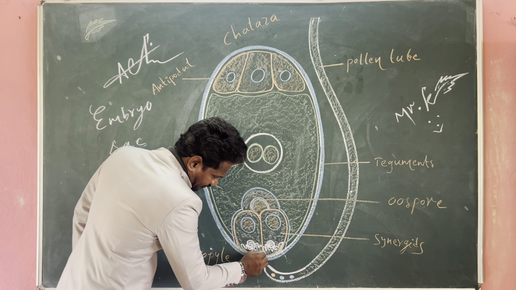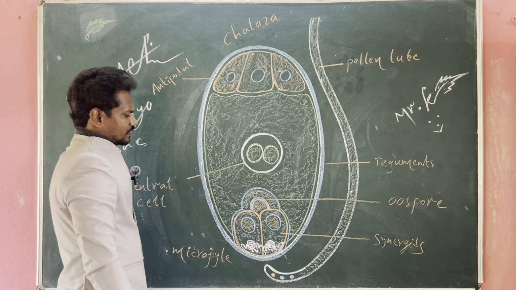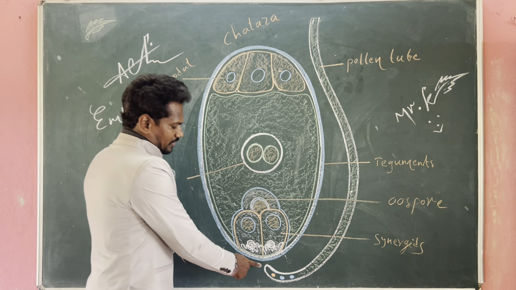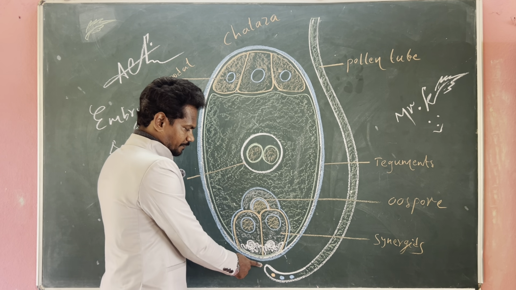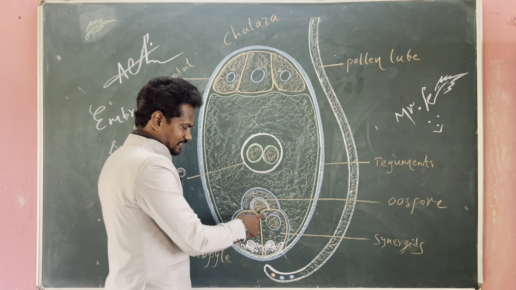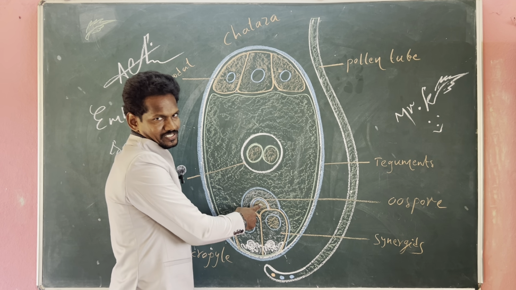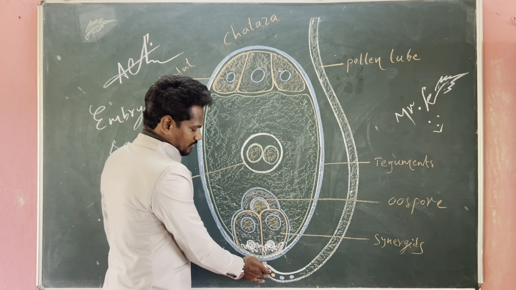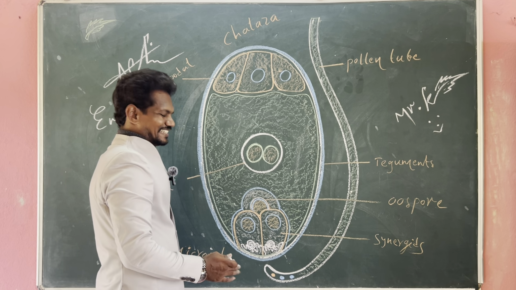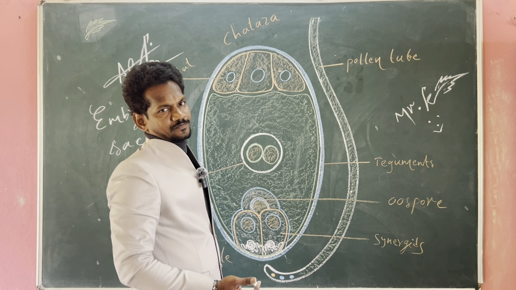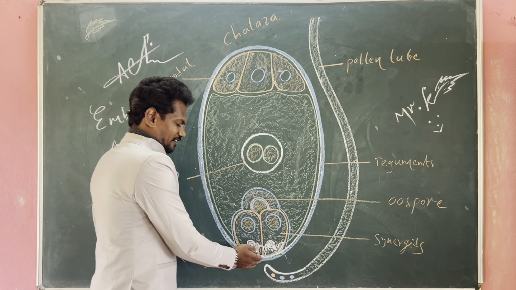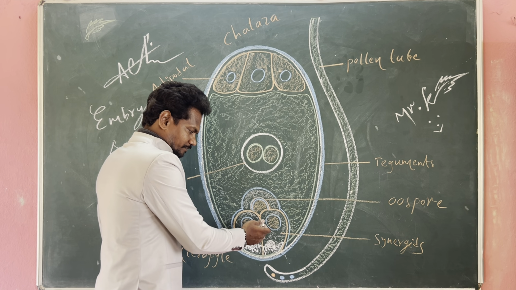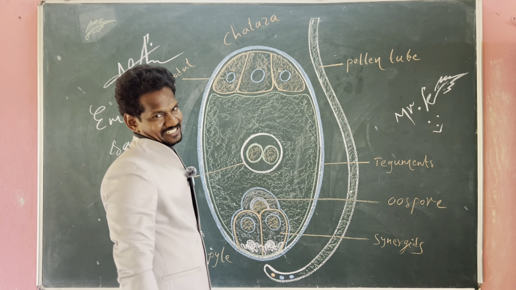So these filiform apparatus help in the entry of the pollen tube into the embryo sac and up to the egg cell. Pollen tube entry is guided by these filiform apparatus along with these synergids.